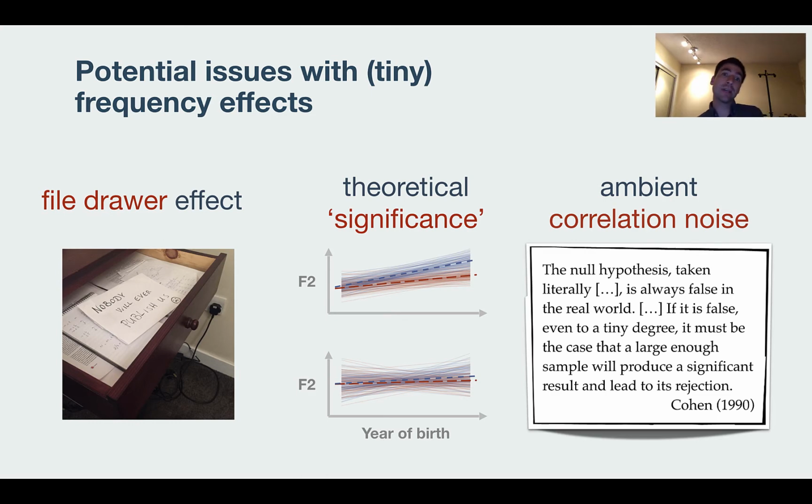The second issue is the equation of theoretical significance and statistical significance. And what this means is maybe best understood through an example that I have here. If you look at the top graph here, this is what one expects to see when they hear that someone found a significant frequency effect in a phonetically gradual sound change.